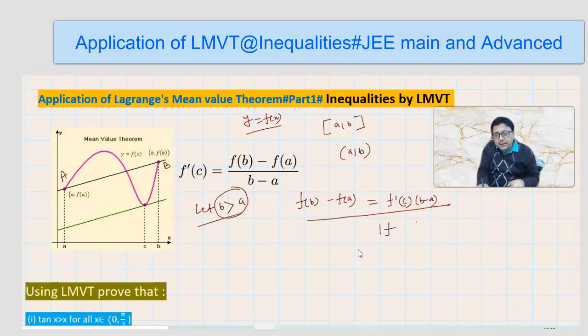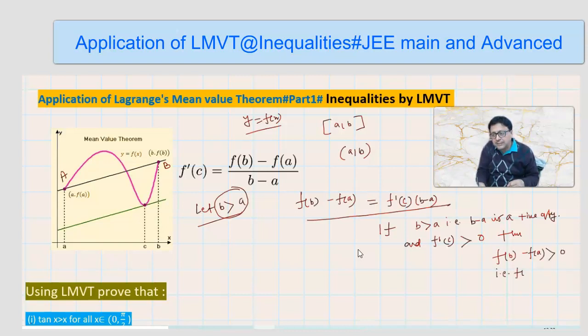So if b minus a is a positive quantity and f dash c is also positive, then f(b) minus f(a) should be greater than 0, that is f(b) greater than f(a).